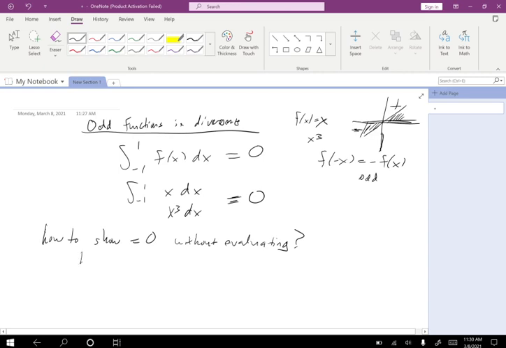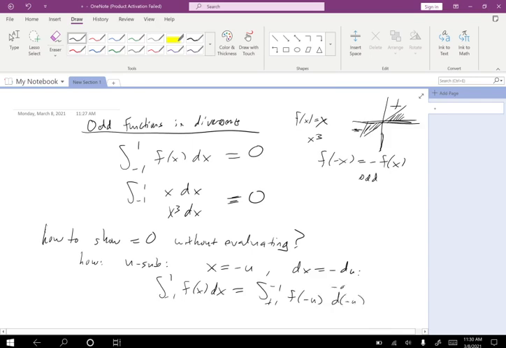So here's how. You do a u sub. You're going to let x equal minus u and dx equal minus du. So then your integral from -1 to 1 of f of x dx turns into the integral from 1 to -1 of f of minus u times minus du.